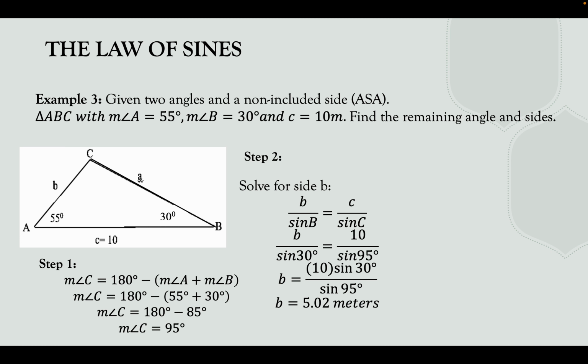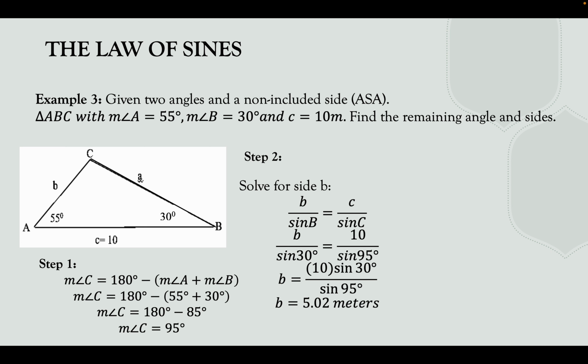Cross multiply and divide both sides by sine 95, so that B equals 10 times sine 30 degrees over sine 95 degrees. Input that in your scientific calculator. So B equals 5.02 meters.